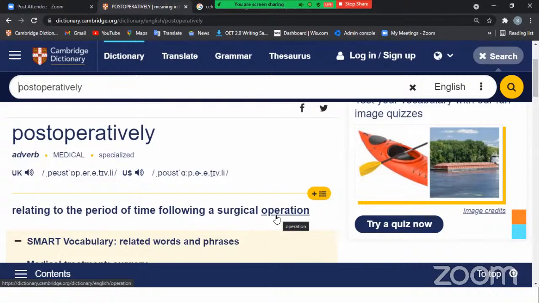Followed by means, let's try to understand this. There is a difference there. Following a surgical operation: the operation is before and this period of time is after. You wrote "after followed by before". That is the point, so be careful.